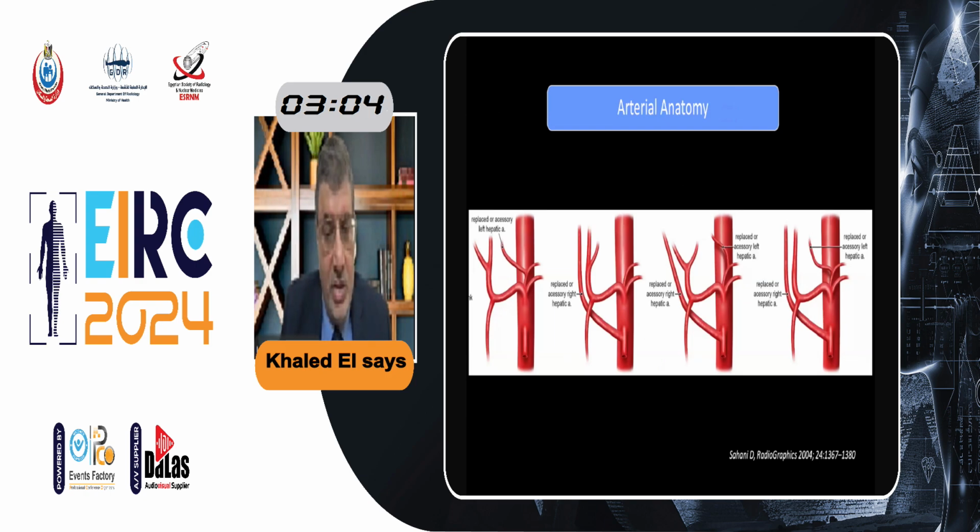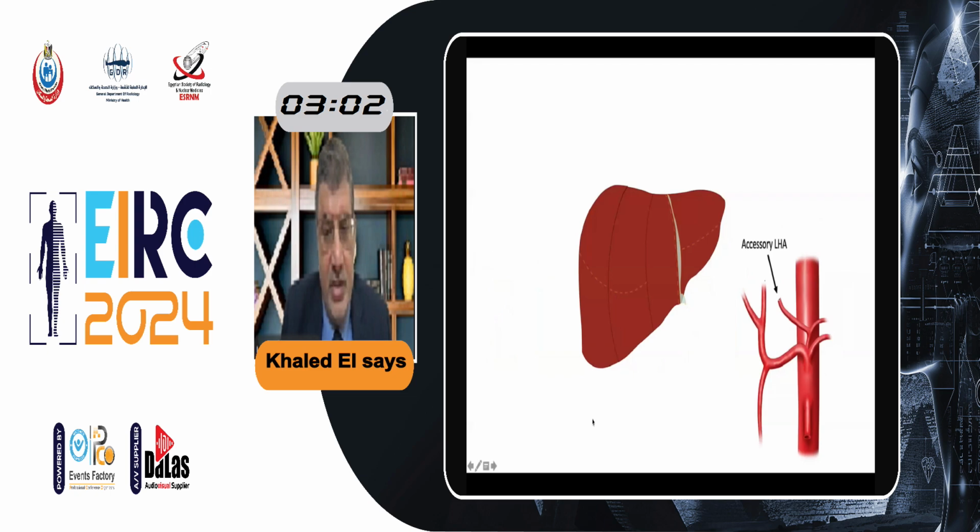I'll show you some examples of troubles that can happen. Like, for example, this is an accessory left hepatic artery. Again, you say accessory because the native left hepatic artery is here. What happens if you don't mention this in your report?